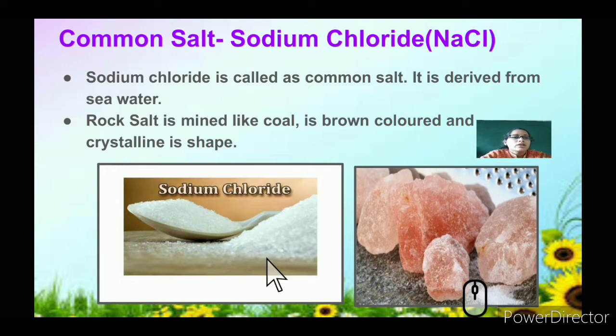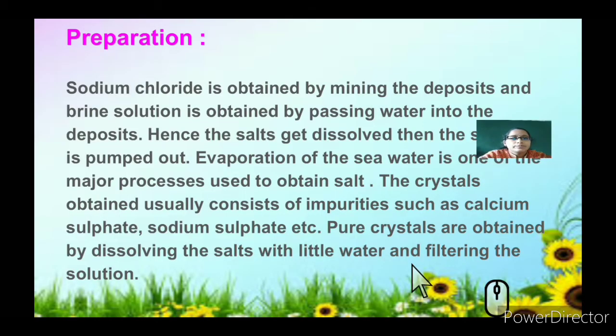It is mined like coal, and impure rock salt is brown colored. You can see in this figure that it is crystalline in shape. Sodium chloride, the iodized salt, is almost crystal and without color, whereas rock salt is almost brown colored and crystalline in shape.